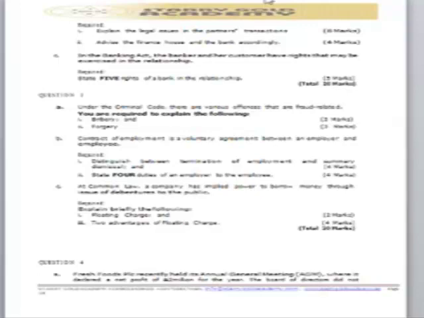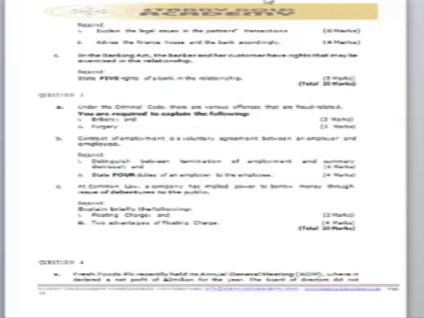At common law, a company has implied power to borrow money through issue of debenture to the public. Required: explain briefly the following: floating charge and 2 advantages of floating charge.